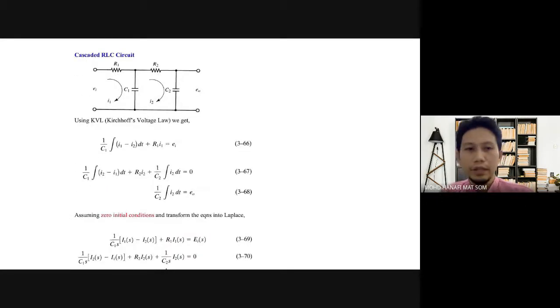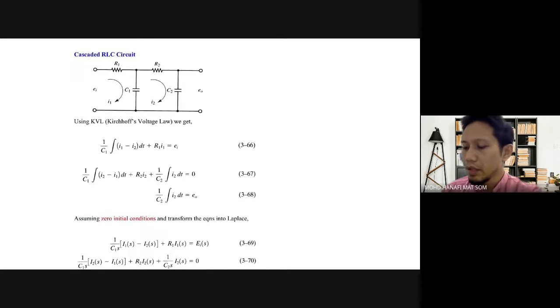All right, next. Now we expand the problem. Just now we have only one loop. In the next example, we have the cascaded RC circuit.